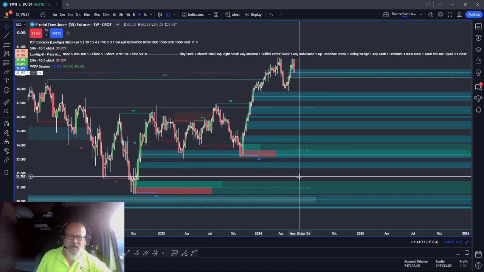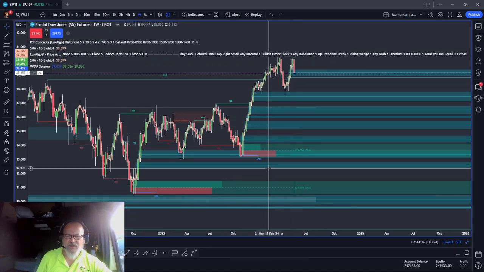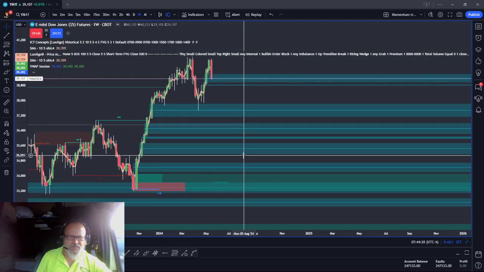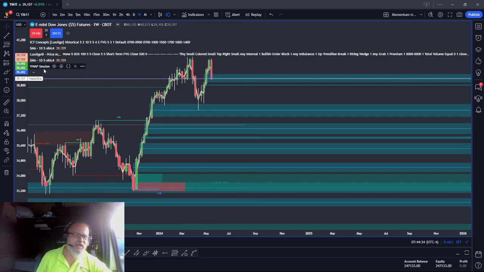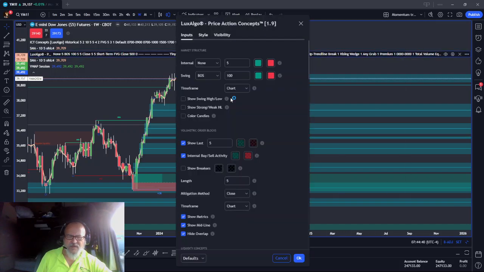And obviously you can see by the gaps, and I got to figure out why those are colored that way.